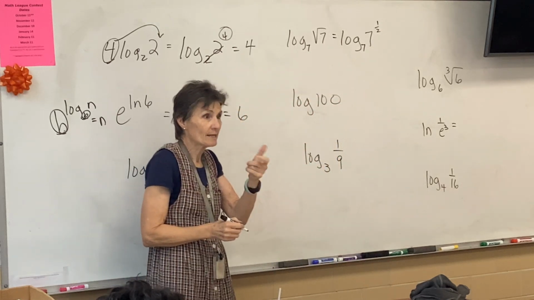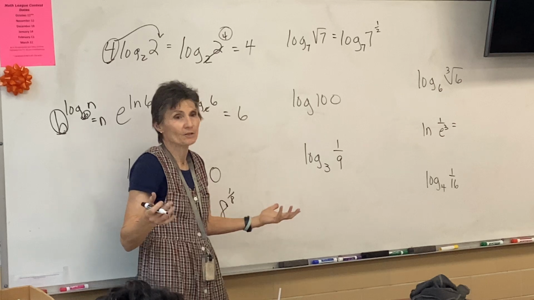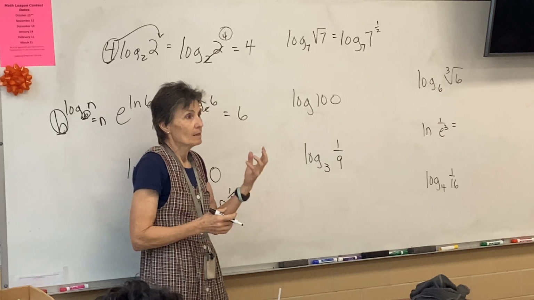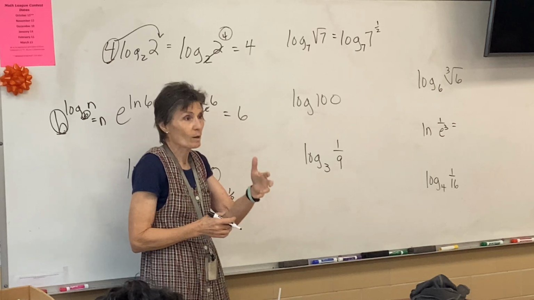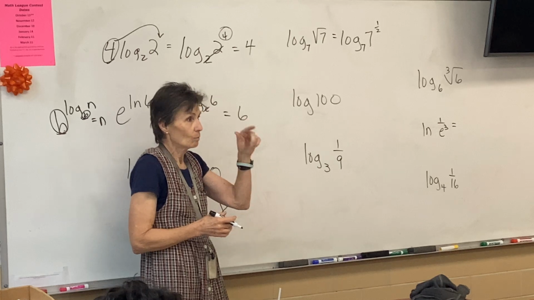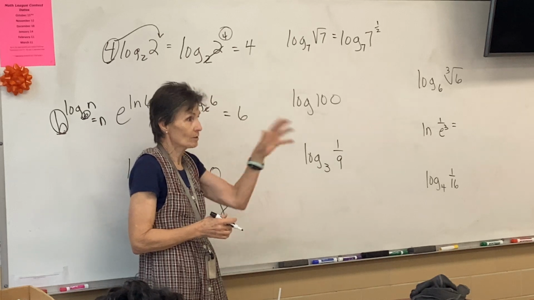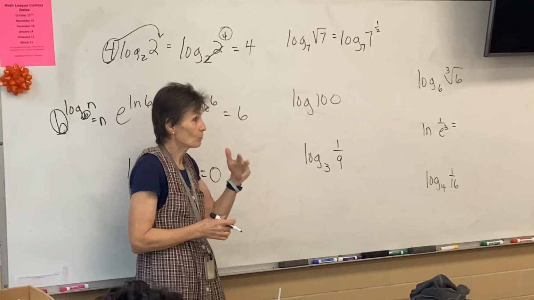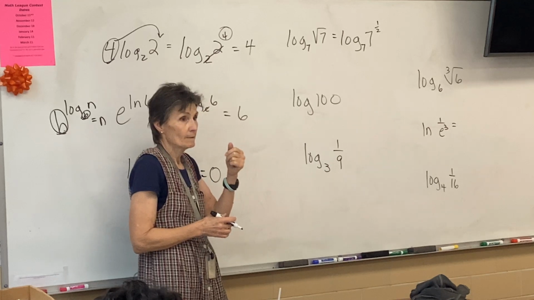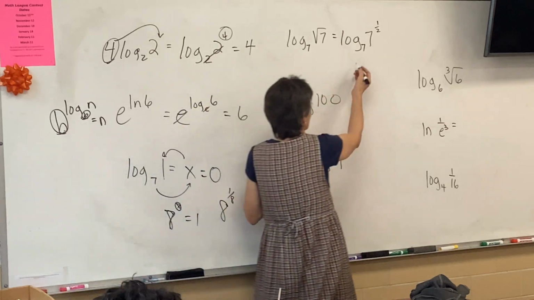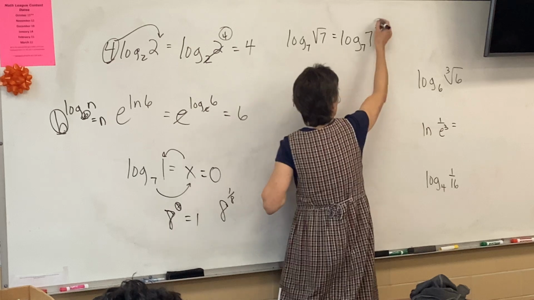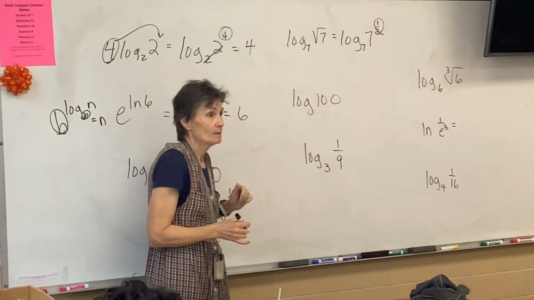Isn't a radical a square root? I hope you remember that. You had to do that on your quiz today. A radical is a square root and vice versa. 1/2 power is a square root. 1/3 power is a cube root. So we have a property that says log base 7 of 7 to the 1/2 is just going to be 1/2.